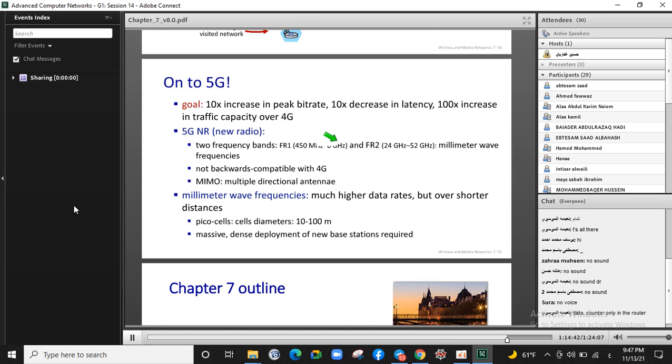This means that those signals have higher frequencies.